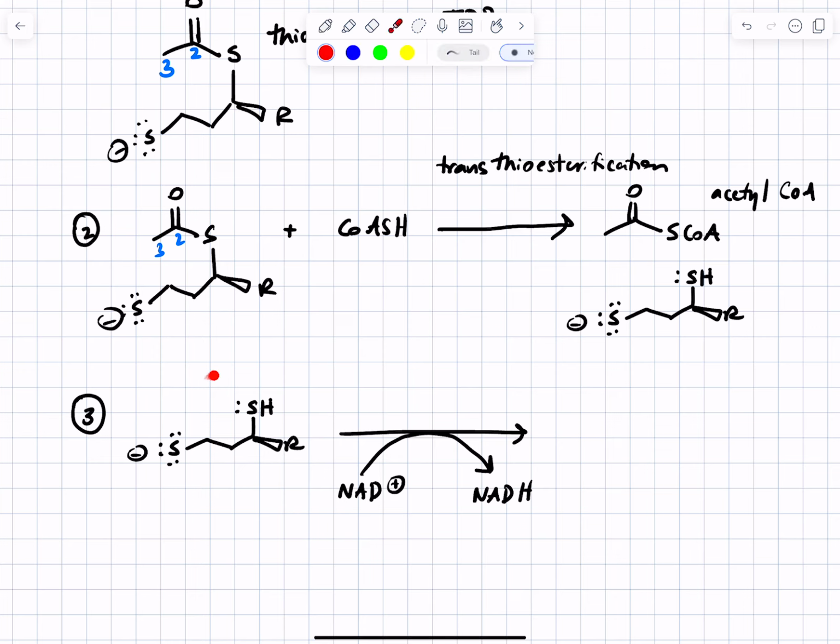Negatively charged sulfur would need to attack this sulfur, and then H- would need to get delivered to NAD+. That should sound okay to you because you've seen NAD+ act before as a hydride acceptor. And so that regenerates the lipoate disulfide, and now we're ready to go for another starting molecule of pyruvate.